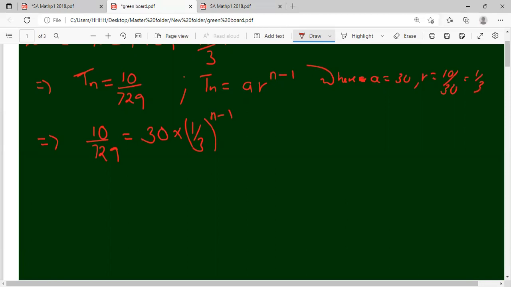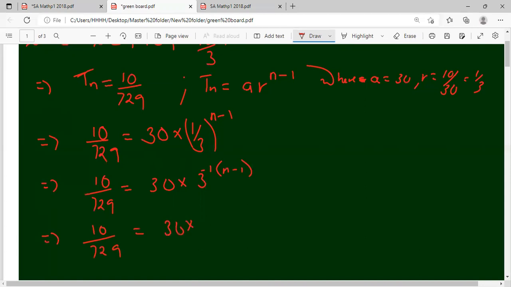So what we are saying is that 10 over 729 is equal to 30 times 3 to the power negative 1, to the power n minus 1. This is equal to 10 divided by 729, which is equal to 30 times 3 to the power 1 minus n. This is what we have.